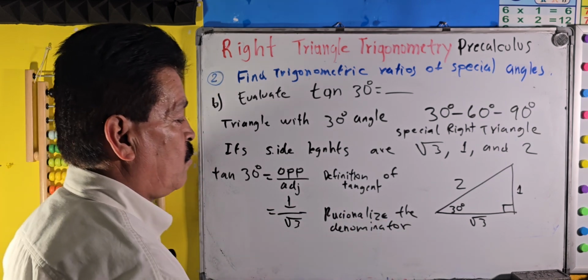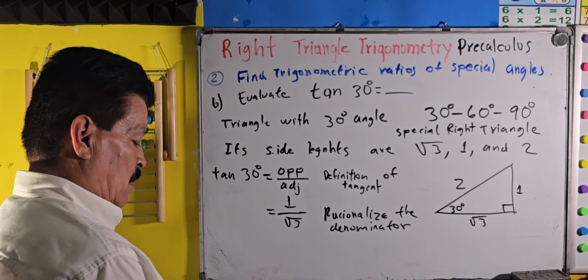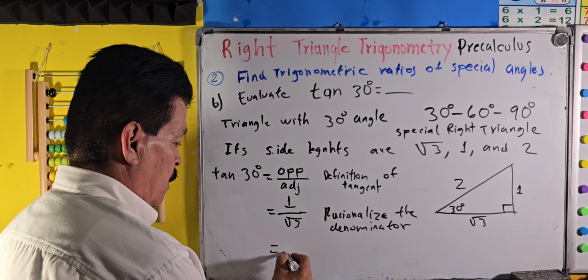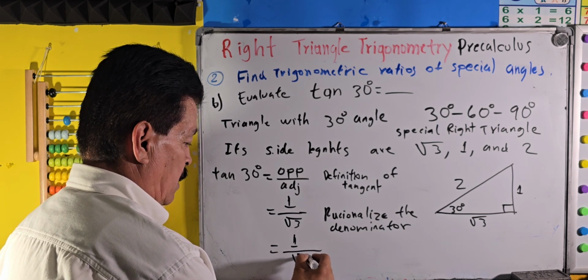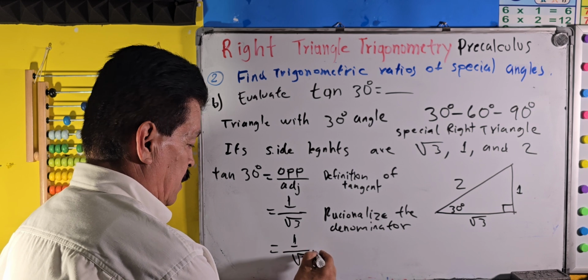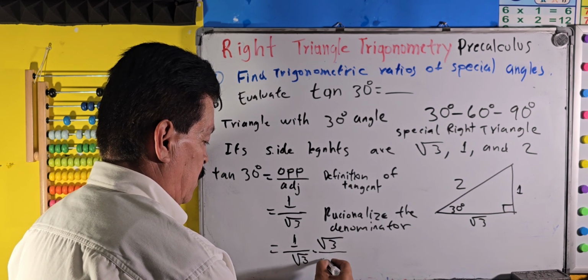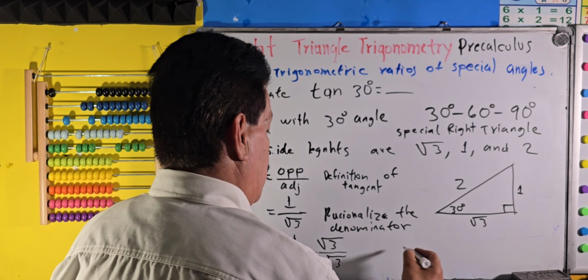So we have to rationalize the denominator. In this way, 1 over square root of 3 times, of course, square root of 3 over square root of 3. So now multiply.